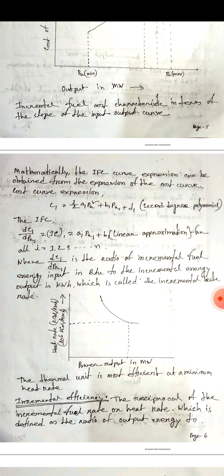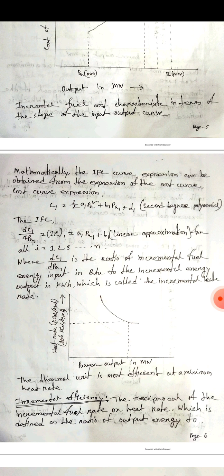C1 equals 1 divided by 2 dot A1 PG1 squared plus B1 PG1 plus D1, a second degree polynomial.